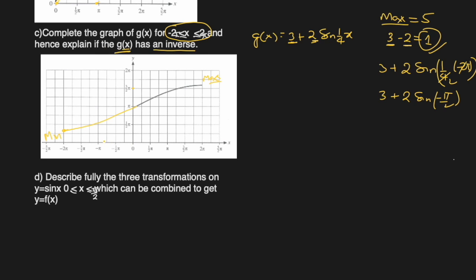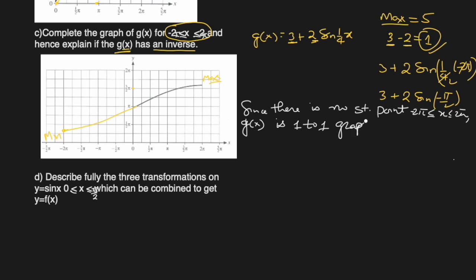We write, since there is no stationary point or turning point in the domain minus 2 pi to 2 pi, gx is a 1 to 1 graph, and every 1 to 1 graph has an inverse.